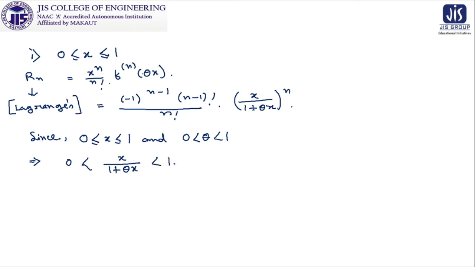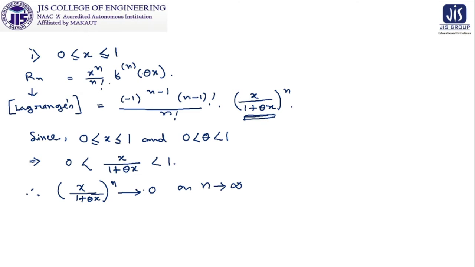We need this for this x by 1 plus theta x case. So we can now claim x by 1 plus theta x whole to the power n tends to 0 as n tends to infinity, and 1 by n tends to 0 as n tends to infinity.